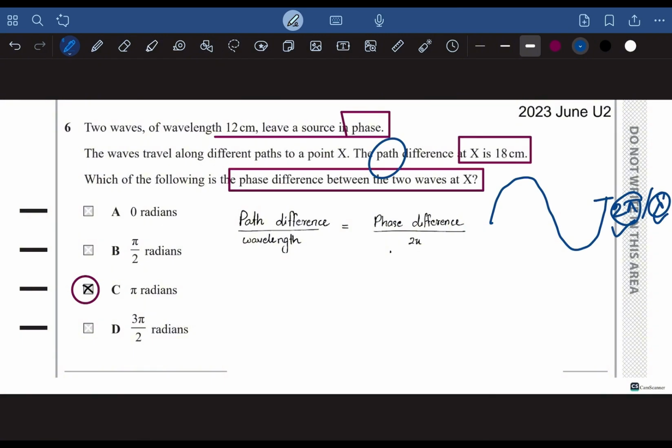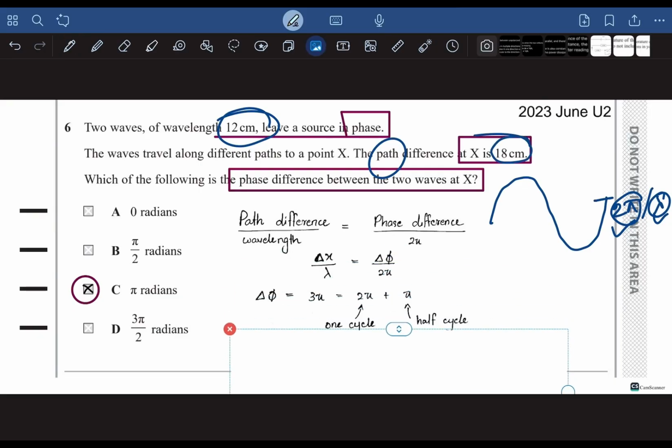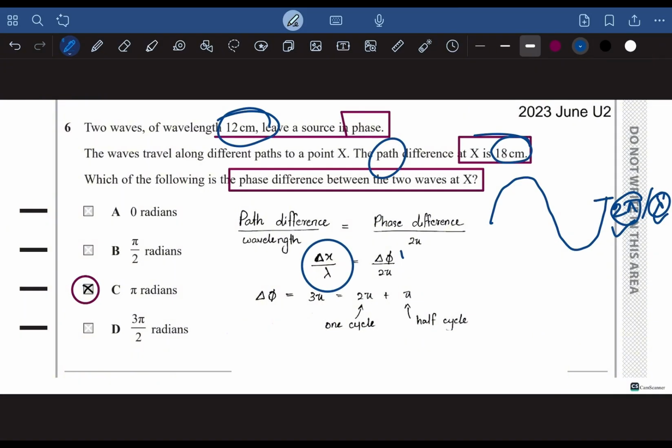Now we know the wavelength was 12 centimeter and the path difference was 18. So we can write del x by lambda equals theta by 2 pi, and for this del x it will be 18 divided by lambda, which is 12, equals theta by 2 pi.